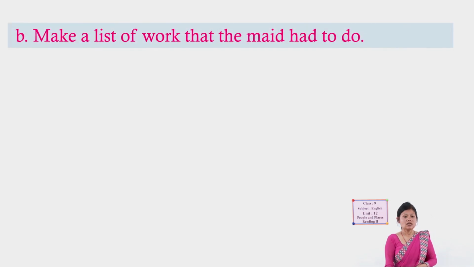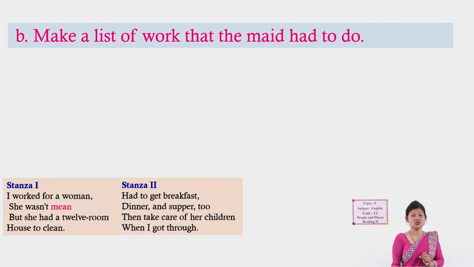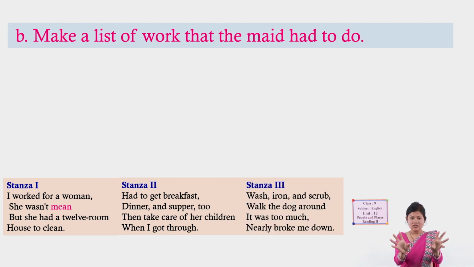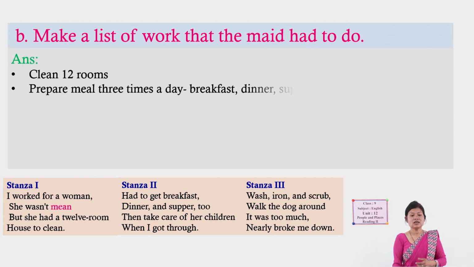Now, B number, I think you can easily make a list of the work that the maid had to do. Okay. So, can you? And for answering this question, you have to revisit stanza 1, stanza 2 and stanza 3. From here, you can just search and then make a list of the work. So, they are like clean 12 rooms, prepare meal 3 times a day, breakfast, dinner, supper, yes.